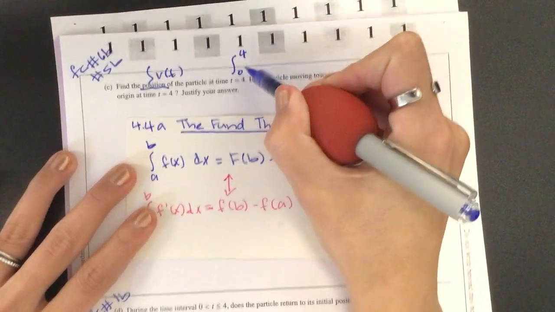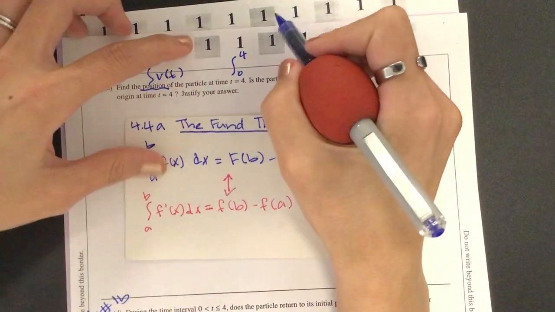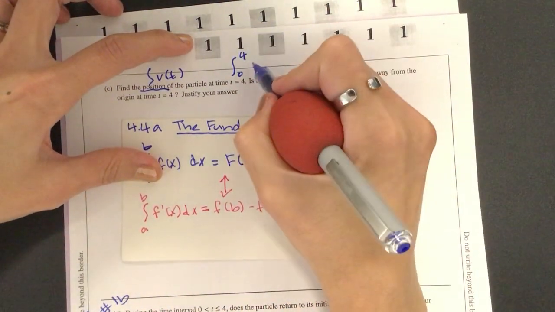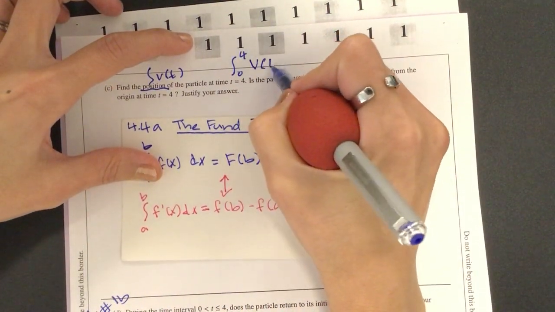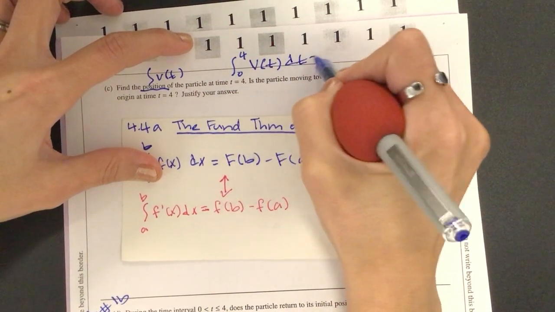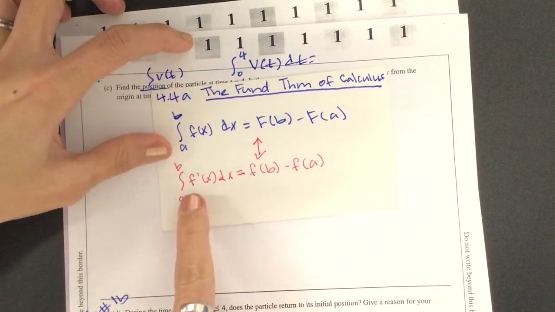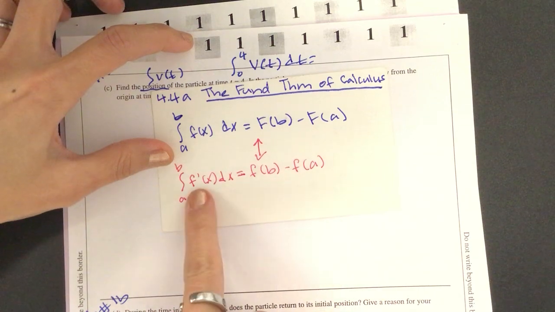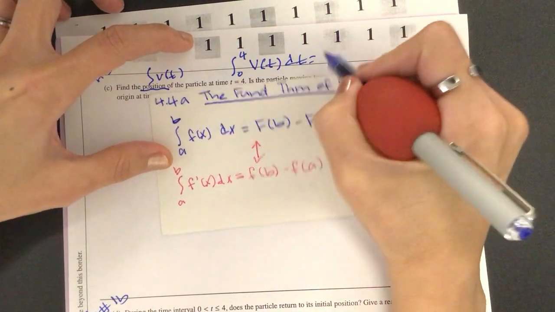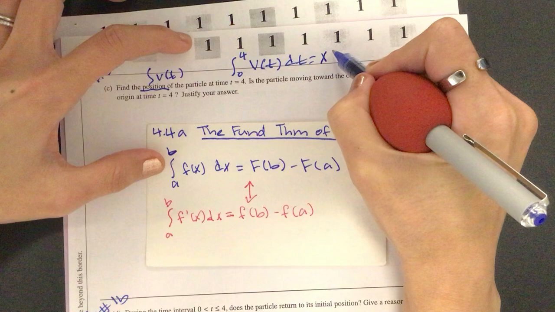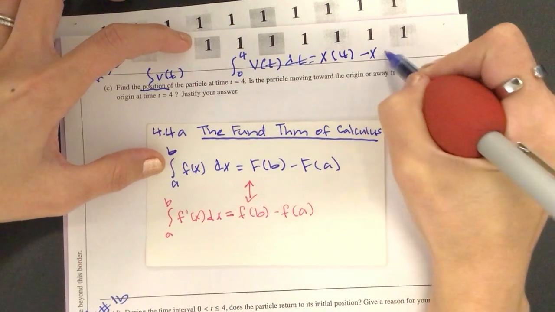Everyone see where I'm getting the 4 from? Time equals 4. And I'm going to mimic this formula right here. So we have velocity. So here I go. The integral of velocity is position, so that means our position is denoted by our x value, x of 4 minus x of 0.